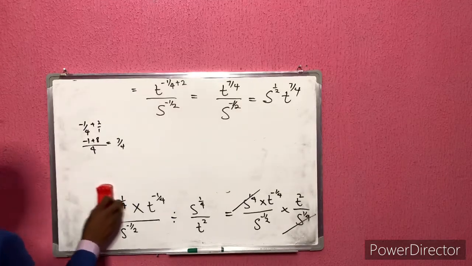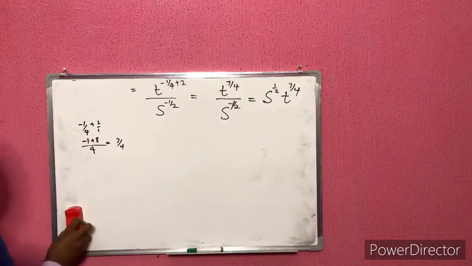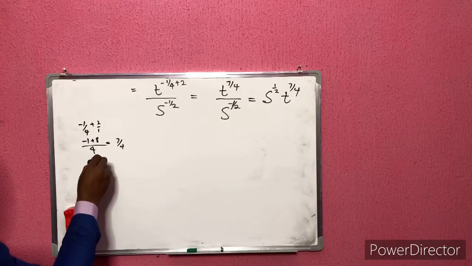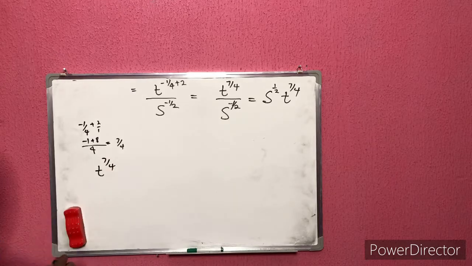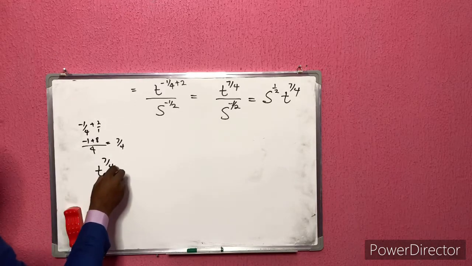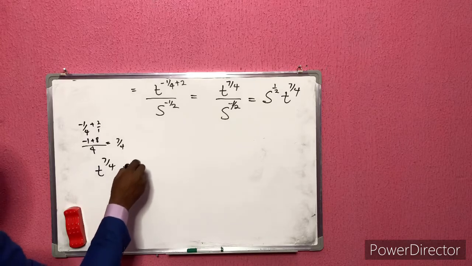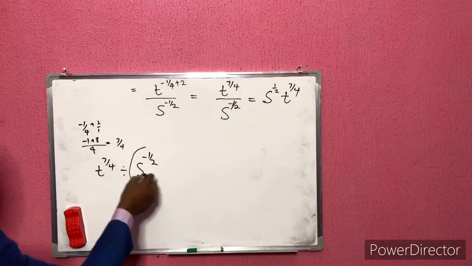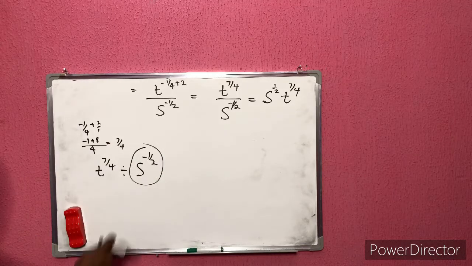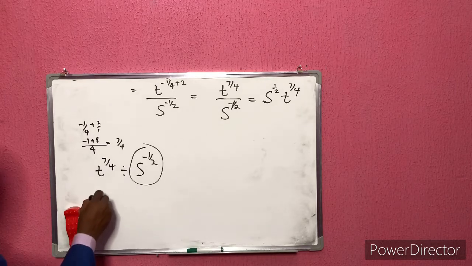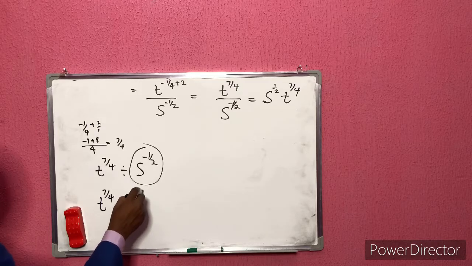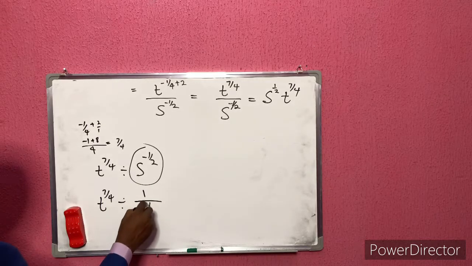Now, let me explain what happened here. This is t power 7 over 4, right? Divided by x minus half. Remember what we said here? Minus sign. We have t power 7 over 4 divided by 1 all over x power half.